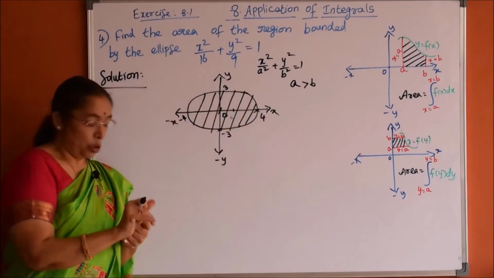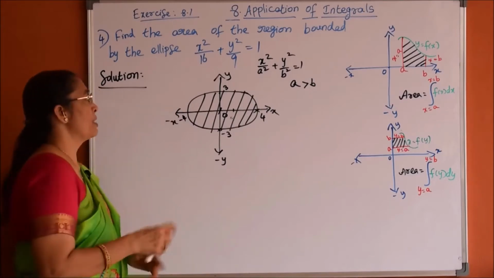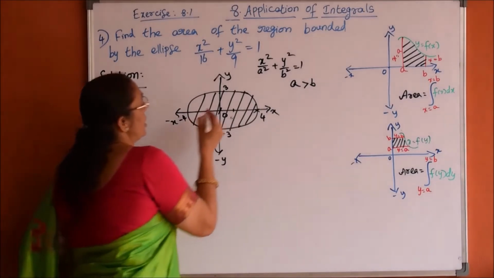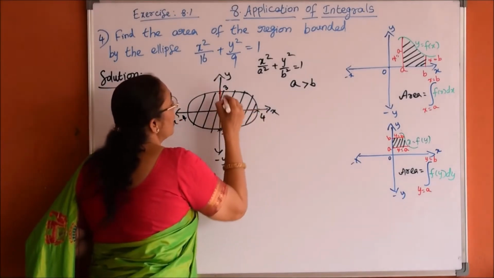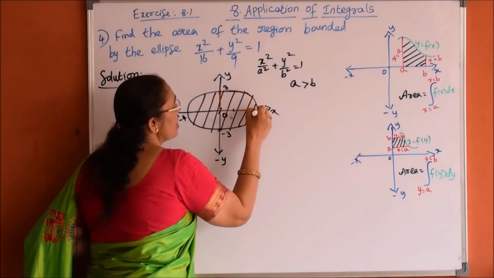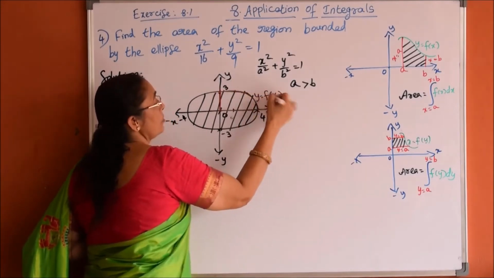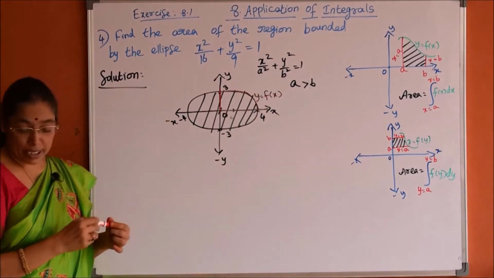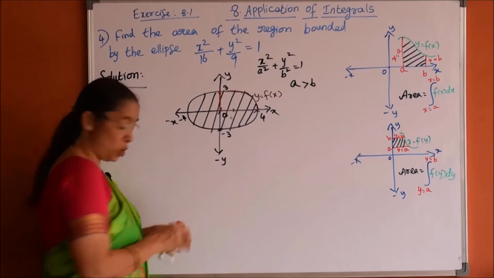So to find the region with the help of integration, we will first consider only the first quadrant. So this is the area. See, we can consider this quadrant and this is the curve. So this curve is nothing but y is equal to f of x curve. The curve is y is equal to f of x and you want the region between these two lines.